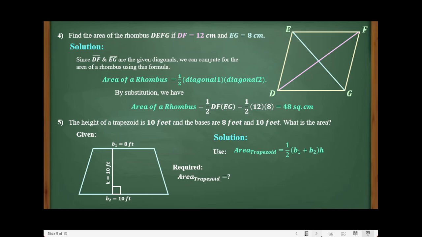So basically, we directly substitute the given lengths into this formula, and then we simplify the resulting expression, and that is half of the sum of 8 and 10 times 10, which is the height. And upon computation, we obtain an answer of 90 square feet, and this is the area of this trapezoid.